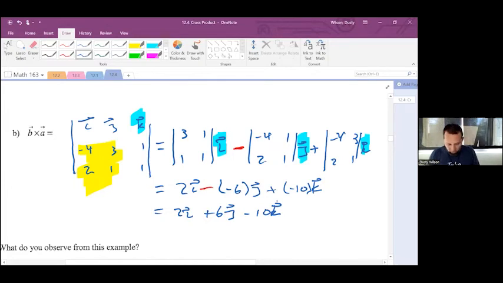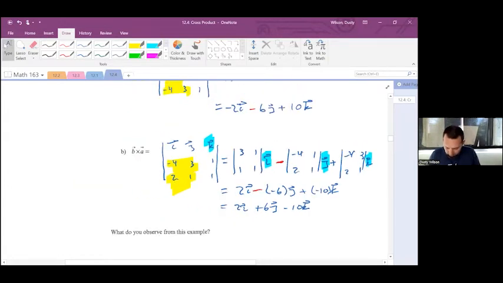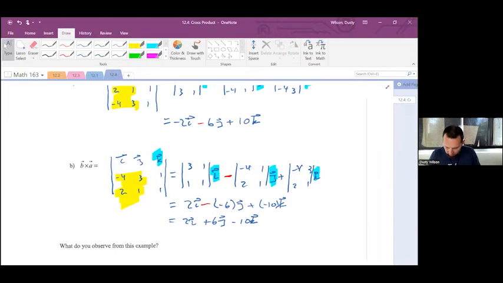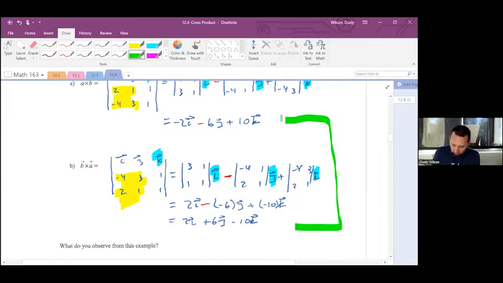And what I want to observe from this example is that these two results have the opposite sign. Up above you have negative, negative, positive. Below you have positive, positive, negative. So what do we observe from this example?